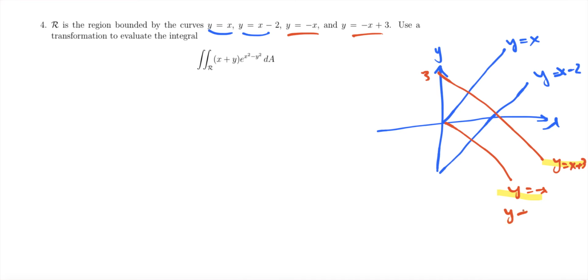this is y plus x equal to 0, that one is y plus x equal to 3, and then these two come out to be y minus x equal to 0 and y minus x equal to negative 2. Or I can switch this out and write it as x minus y equal to 0 and x minus y equal to negative 2.